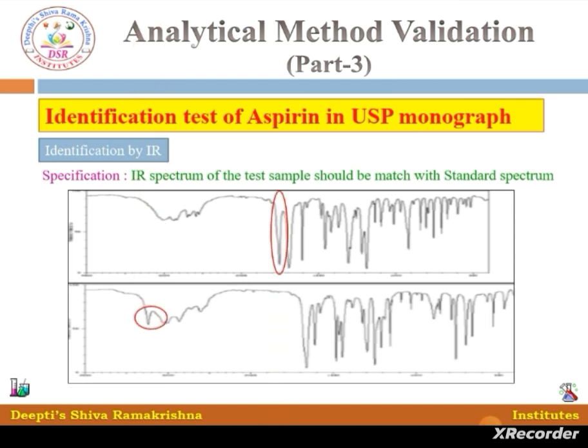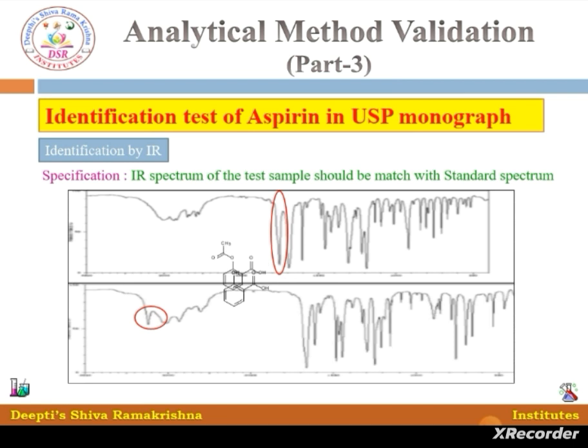If you see these two spectrums, around 3500 to 3300 there is a different peak in the lower spectrum, and around 1800 there is a different peak observed in the upper spectrum.